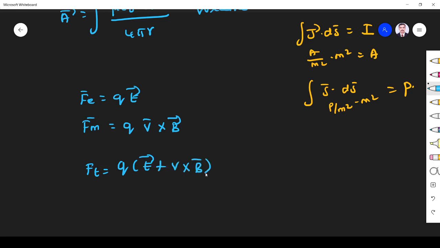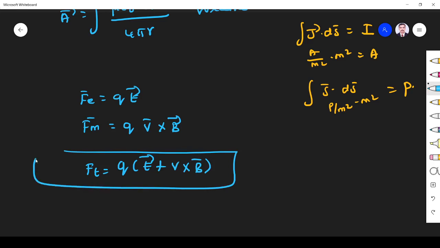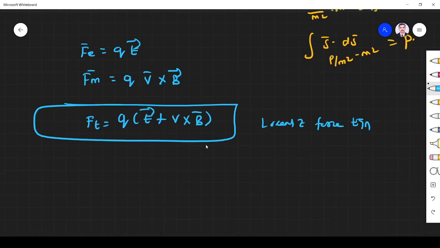This is what we know as the Lorentz force equation. Fine? This is a very important formula.